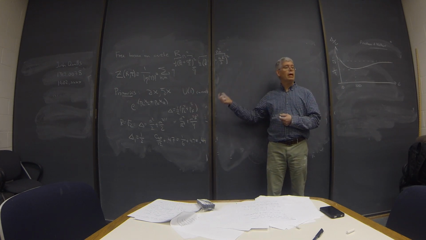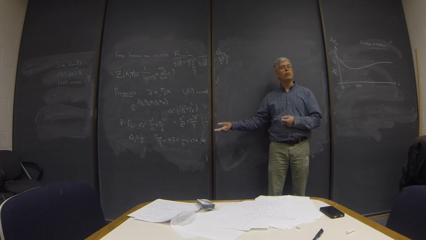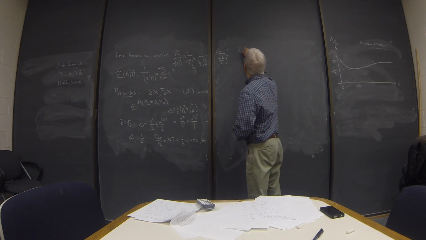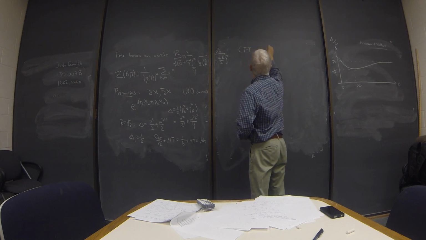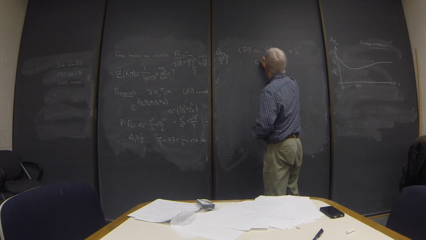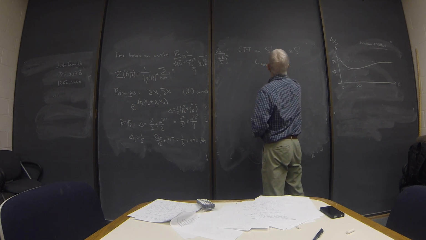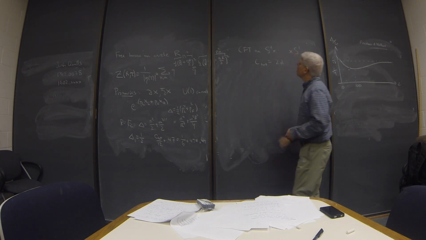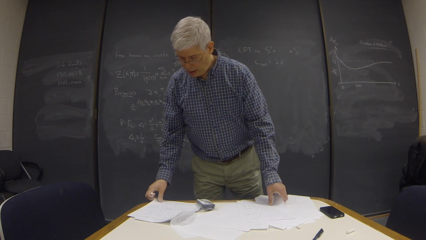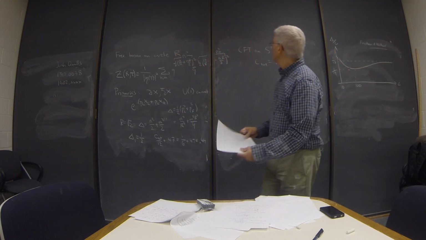Each one of them has C total equals 2. So if I take D of them, then I get a CFT with C total equals 2 times the number of circles, 2 times the dimension. But I can be more general than that.